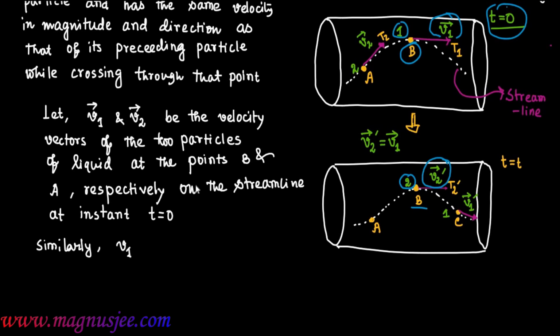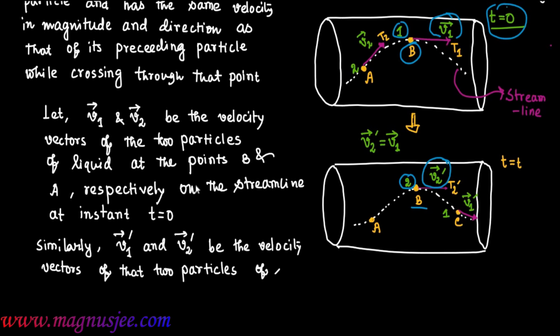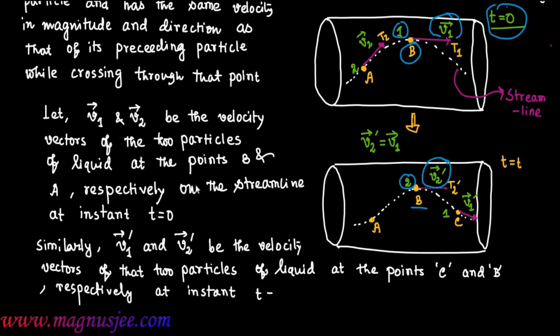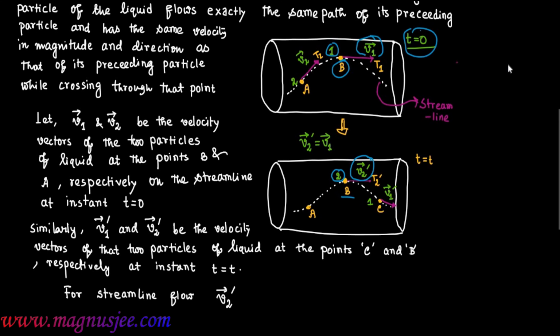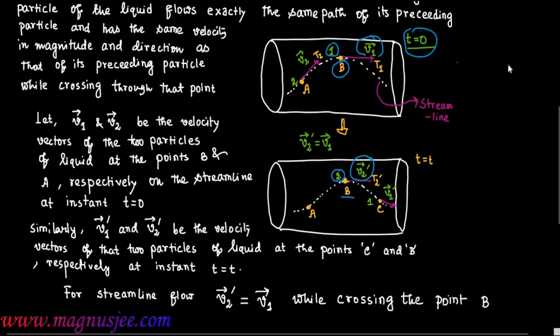Similarly, vector v1 prime and vector v2 prime be the velocity vectors of those two particles of liquid at the points C and B respectively on that streamline at the final instant equal to t second. For streamline flow, vector v2 prime equals vector v1 while crossing the point B.